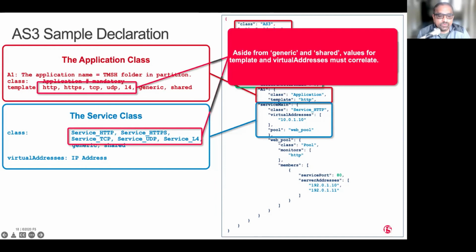And those two things, whatever you are defining in the application class and whatever you are saying in the service class, have to match, right? It cannot be that you're defining HTTP in the application class and you have something else in the service class. So it has to match. That way the application will be deployed properly, or the JSON will be in proper shape, or it will be validated JSON.